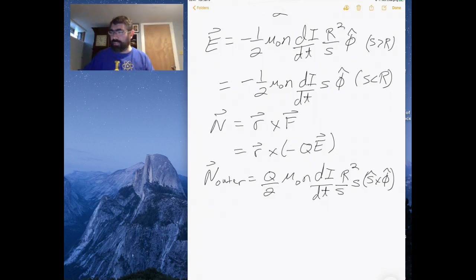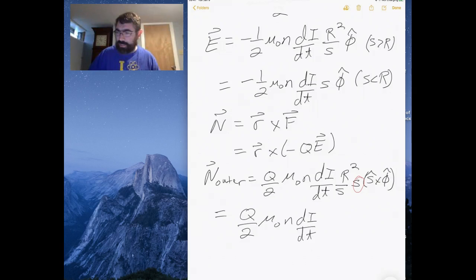So that's where I get an S here. That's where I get this S right here. Anyway, so let's clean it up. So I get Q over 2 mu 0 N di dt R squared in the Z direction.